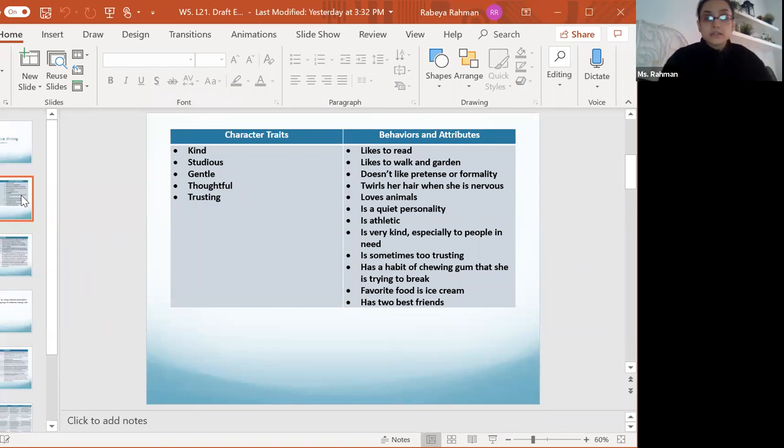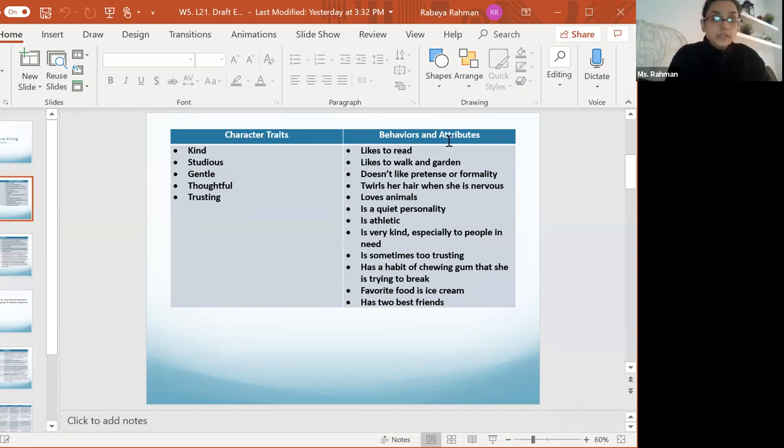Okay, so if I'm looking at her character traits, she's kind and studious, gentle, thoughtful, and trusting. And so I can show this through certain behaviors and attributes, like she likes to read, likes to walk and garden, doesn't like pretense or formality, twirls her hair when she is nervous, loves animals, is a quiet personality, is athletic, is very kind, especially to people in need, is sometimes too trusting, has a habit of chewing gum that she is trying to break, her favorite food is ice cream, and she has two best friends, right?